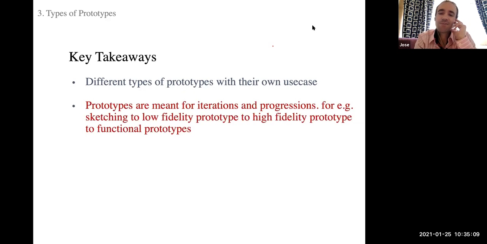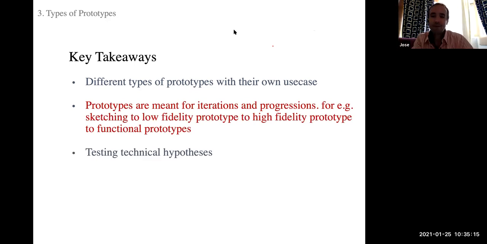So at each step of the iteration, you might want to use a different tool. You can use them to test technical hypotheses. This means, can I use Python with this CSS combined with this backend and Node.js, yes or no, right? Or is it possible to deliver ice creams without melting in Dubai, or what is it?